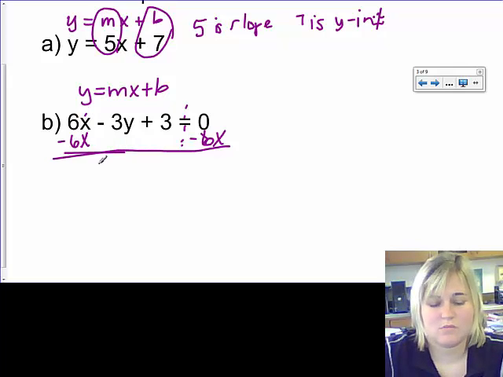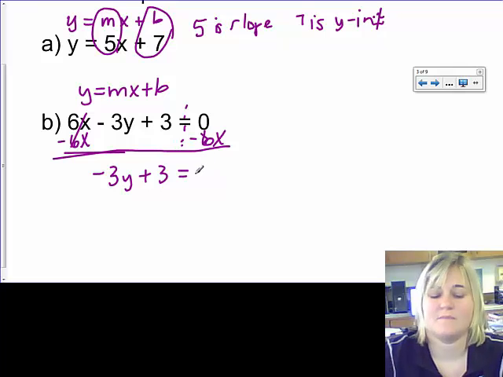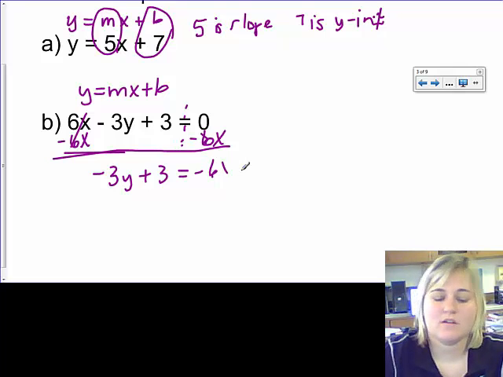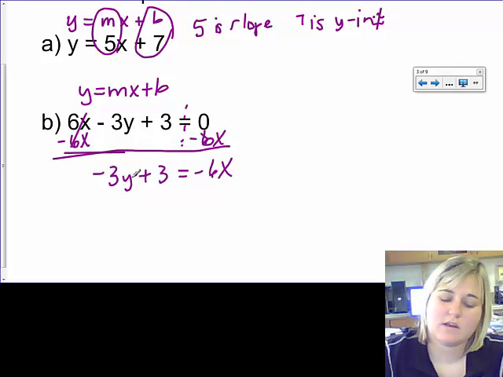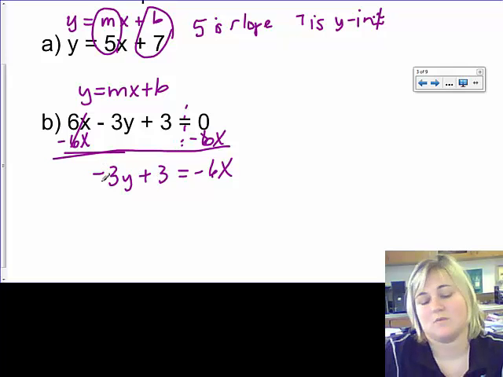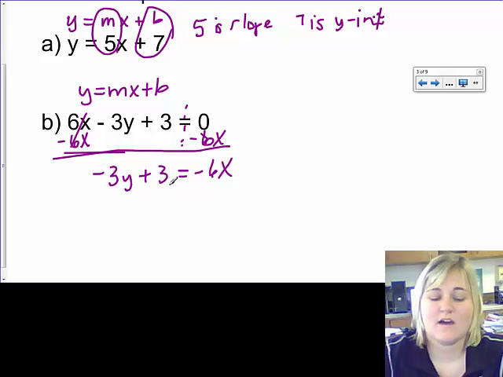Okay, so I end up with negative 3y plus 3 equals 0 minus 6x. I just have negative 6x on this side. So I still don't have y by itself. The next thing that's farthest away is this plus 3, and the opposite of adding 3 is to subtract 3.